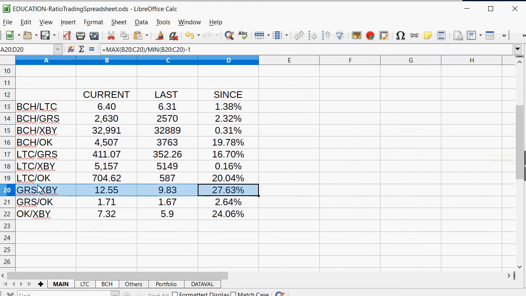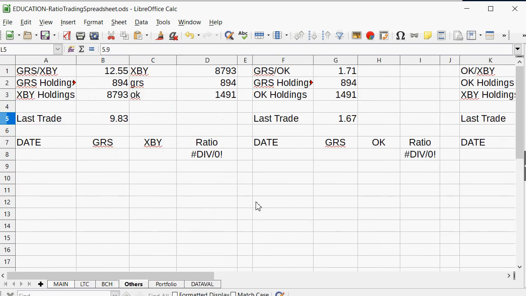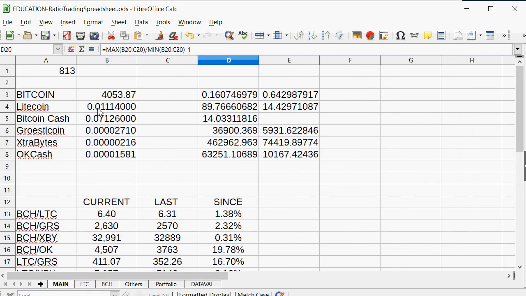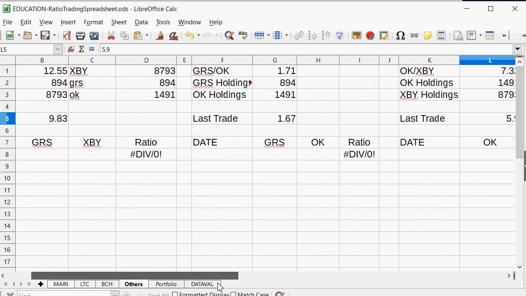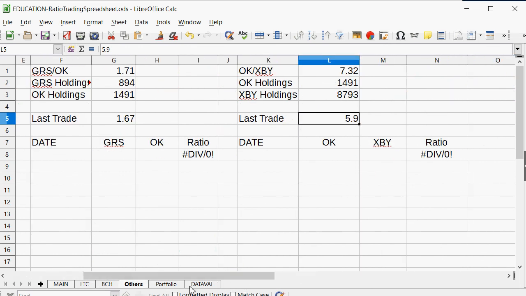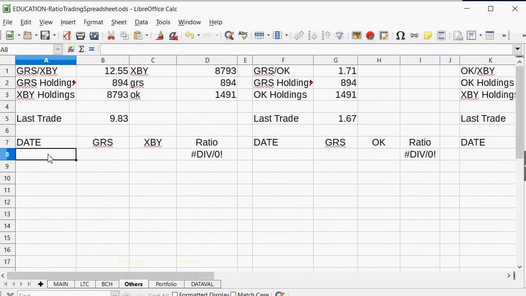So what else do we have on the horizon? 27% for GRS XBY and OK Cash XBY. You know what, 27 is pretty good. We'll take that as well. So that's in the others, GRS XBY. 8/13 is the date. And owning 894 GRS, I'm going to want to sell maybe, I don't know, 175, 200 of them.